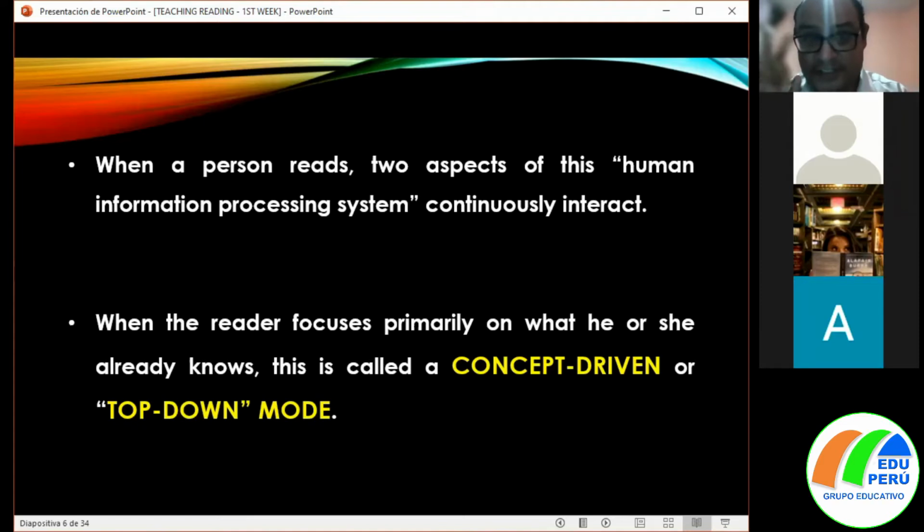This is one of the aspects that we were talking about. You compare the information that you have with the information that you can find in the text. The first aspect is that you're going to focus on what you already know, and we call this the concept-driven or top-down mode. This is one, remember, yeah?